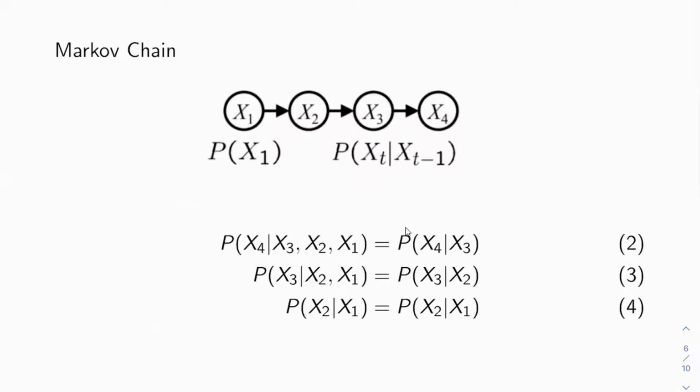And let's take a look at what we have here if we want to understand the Markov property. So the second equation here says P of x4 conditioned on x3, x2, and x1. According to the Markov property, it's P of x4 given x3, only the most recent state.